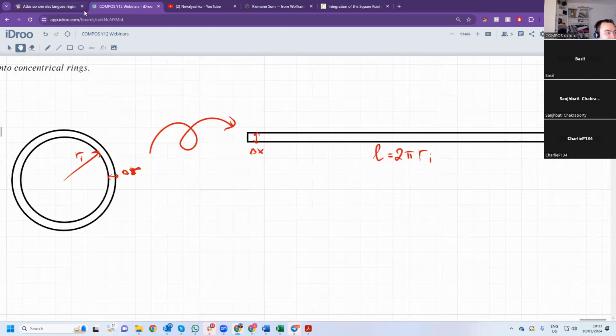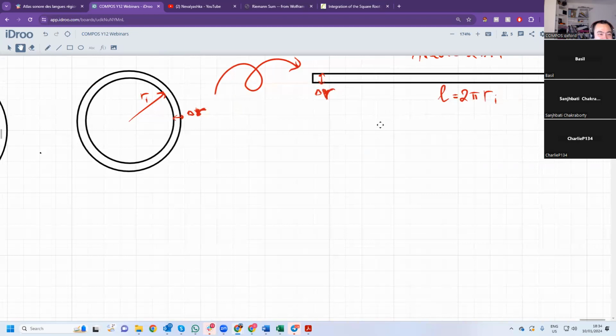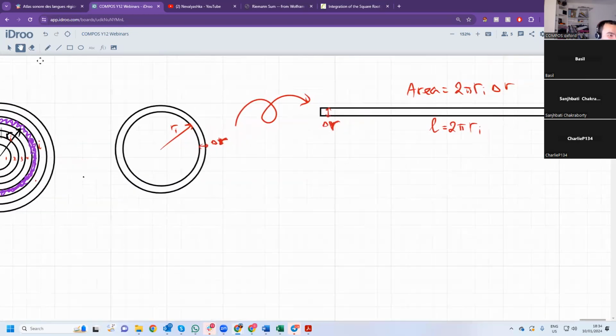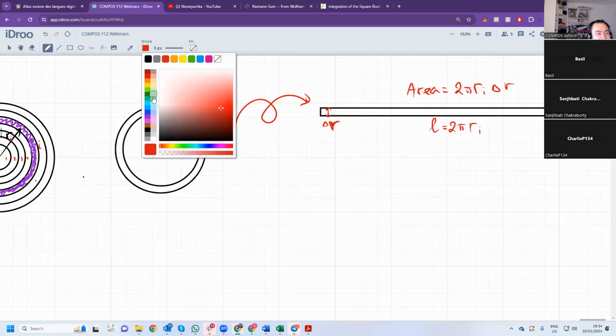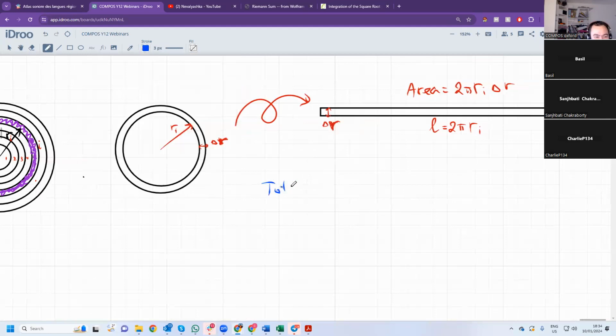Okay. So we take this ring and we literally just unwrap it. And now the area is 2 pi r_i delta r. Sorry, delta r, not delta x. And the total area is the sum of all the rings.